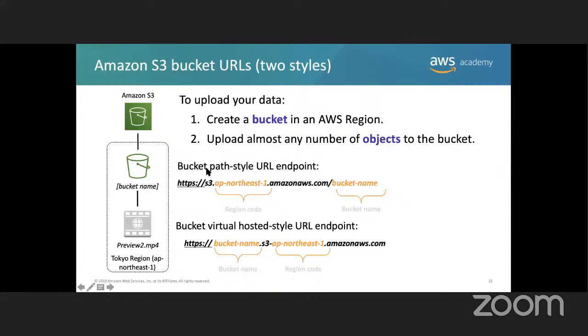Usually in the path style URL, first you have S3, the region where the bucket is, amazonaws.com, and then the name of the bucket.